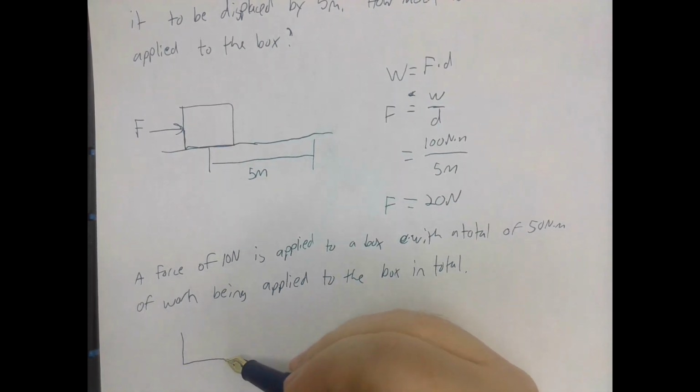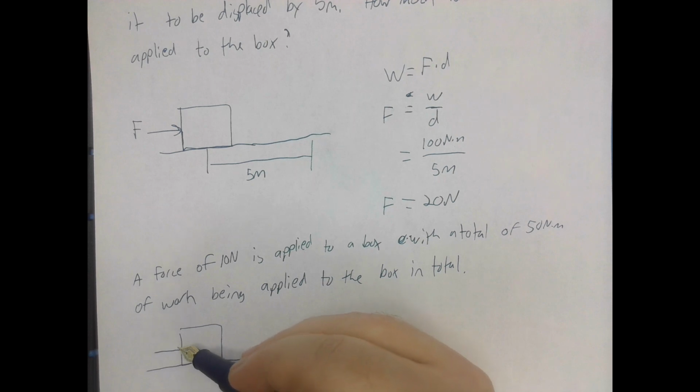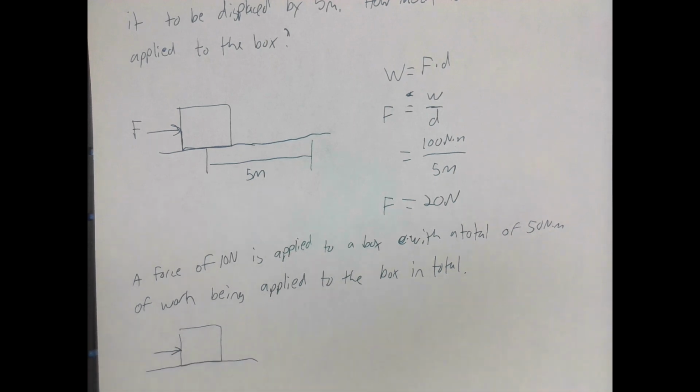So we have a force, and when given a problem like this where there's no real picture, you can assume that the entire force is going to be all parallel.